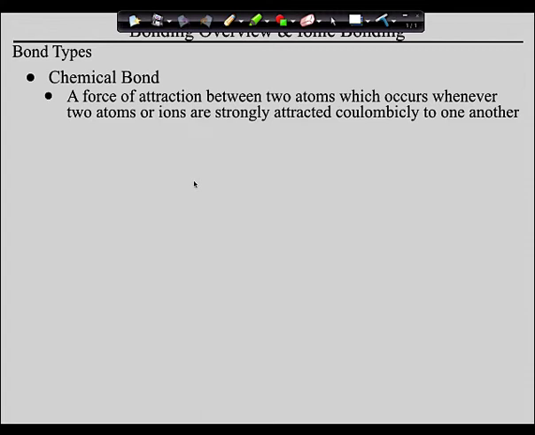So guys, as you were trying to create your own definition for a bond, I started hearing you think about sharing and stealing, and that's wonderful because you were coming back to the things that you already know about bonding. It's called scaffolding. You were activating schema.